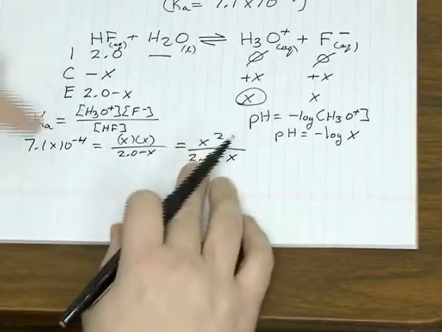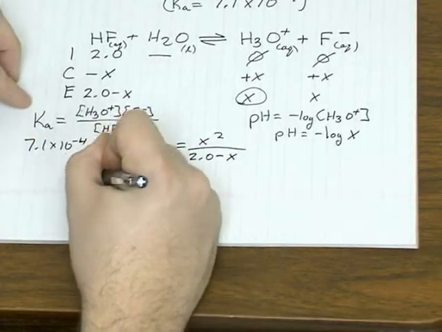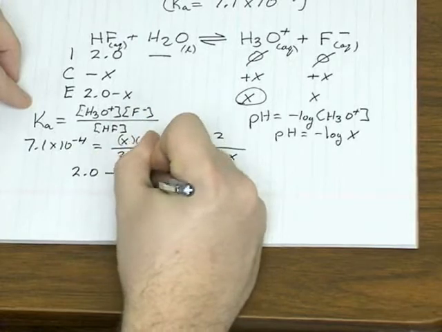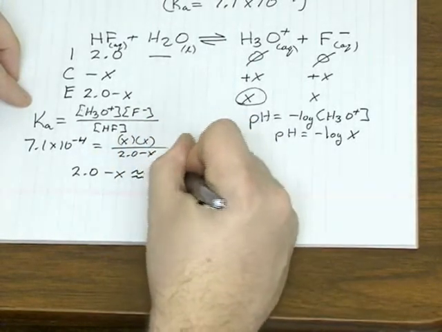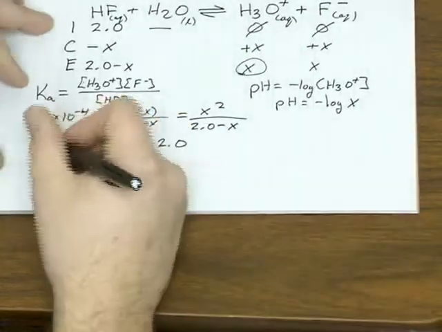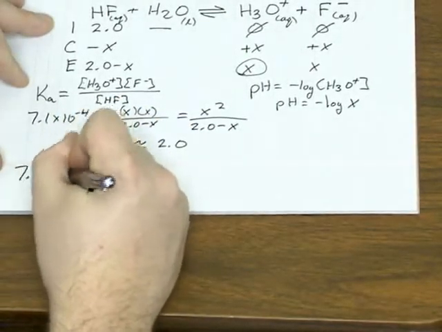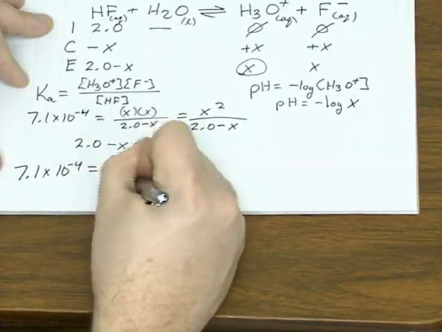So here you can see they differ by about 10 to the 5. So for cases like that, it's typically safe to assume that 2 minus x is approximately 2. So that gives you 7.1 times 10 to the negative 4 equals x squared over 2.